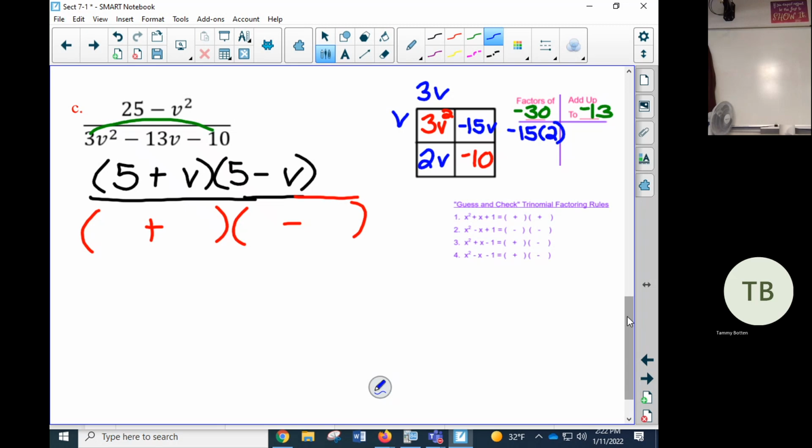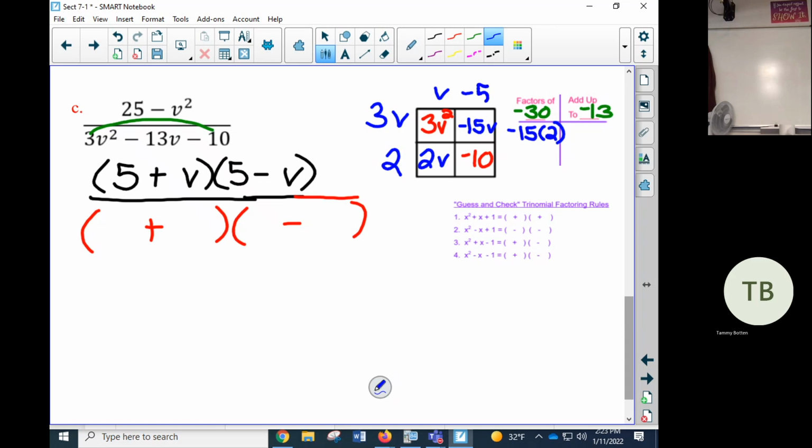Or 1.5, or not even that, 2/3 I would do. So I don't want to have a fraction, so what I'm going to do instead is put my 3 here and my b here. And now I can think of b times what gives me 2b, and that's 2, correct? And then what times 3b gives me negative 15b?